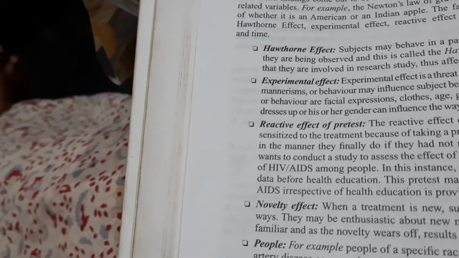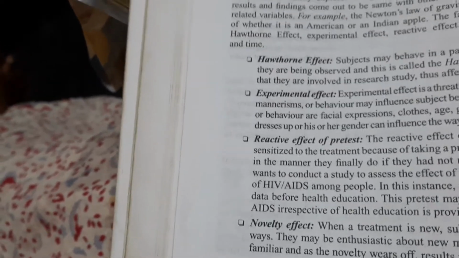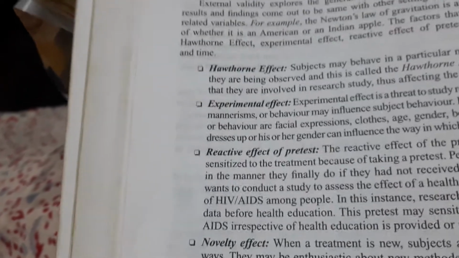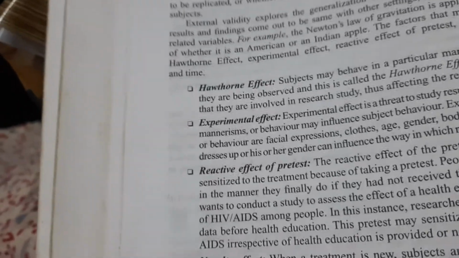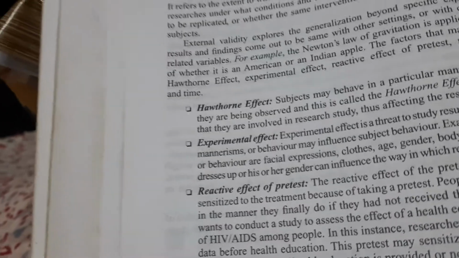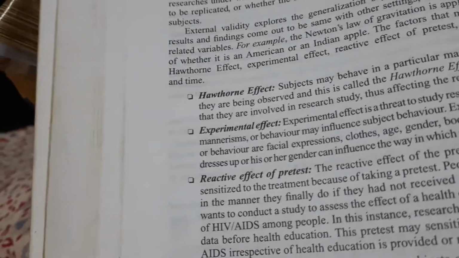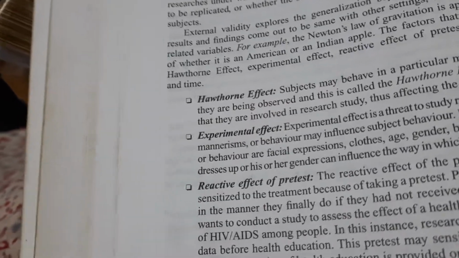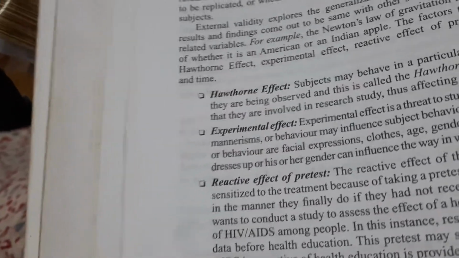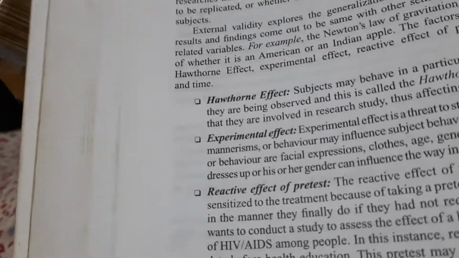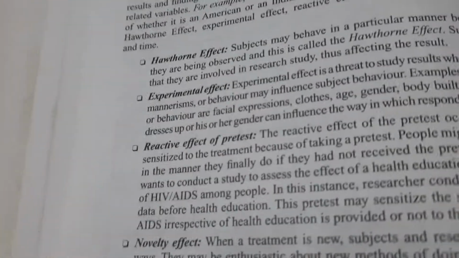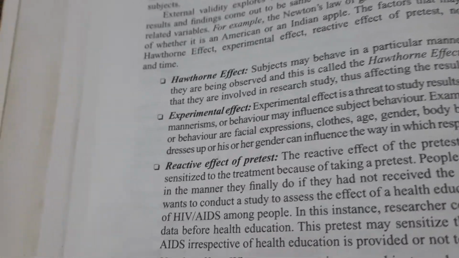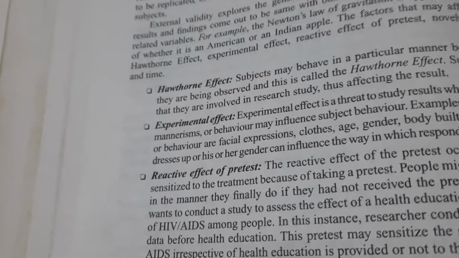First one is the Hawthorne effect. The Hawthorne effect is when the person is aware of being observed. Now we are going to take menstrual hygiene. Before you take the subject, you are thinking you are going to take the subject of menstrual hygiene, but when the children are studying in 7th or 8th standard, even the class teacher has taught them how to behave when you get menstruation and what signs and symptoms you will get.